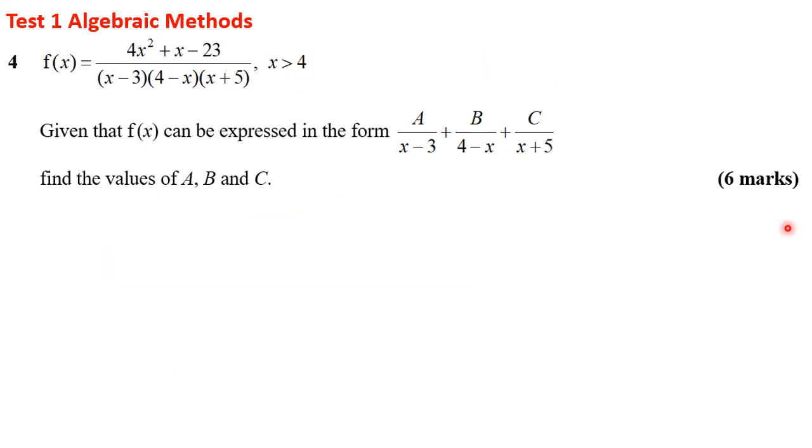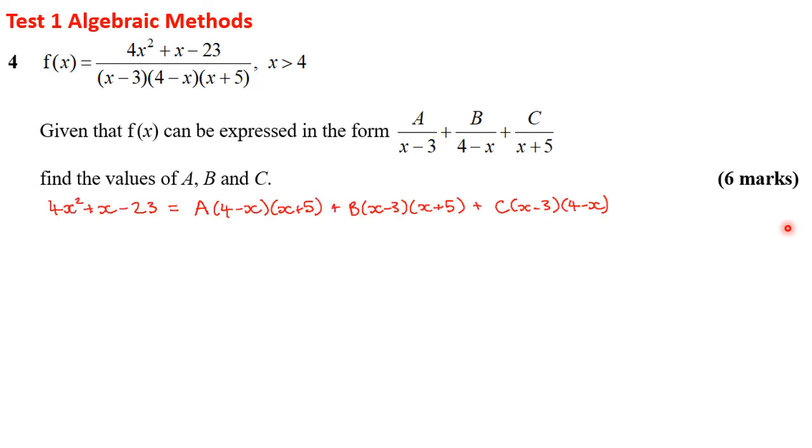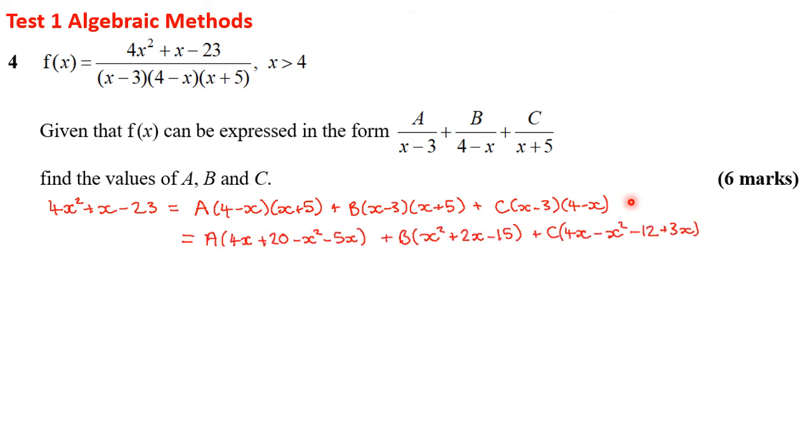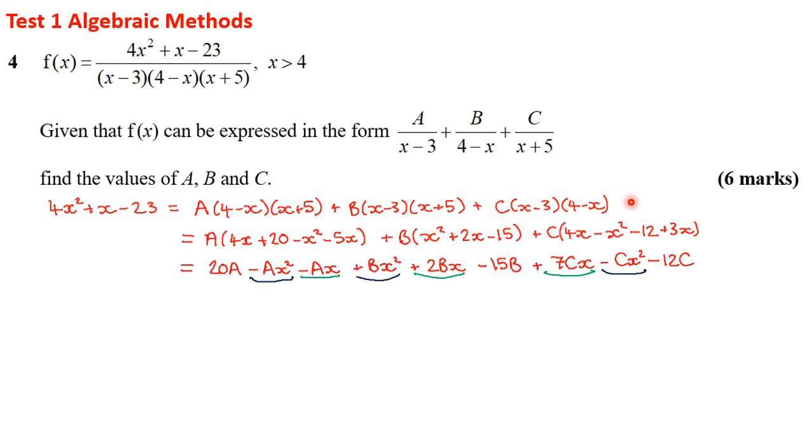So here we go. For equating coefficients, we start off in exactly the same way with this equation. Now what we need to do is on the right hand side multiply out each set of double brackets, multiply a, b and c across those brackets, and then we're going to group together the terms in x squared, which I've underlined in blue, the terms in x, underlined in green, and the constant terms.